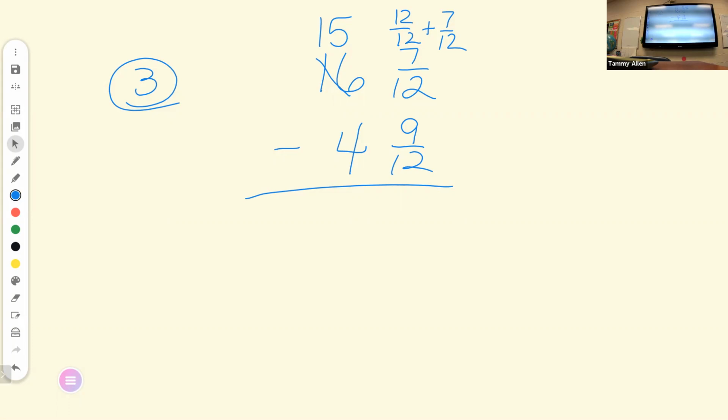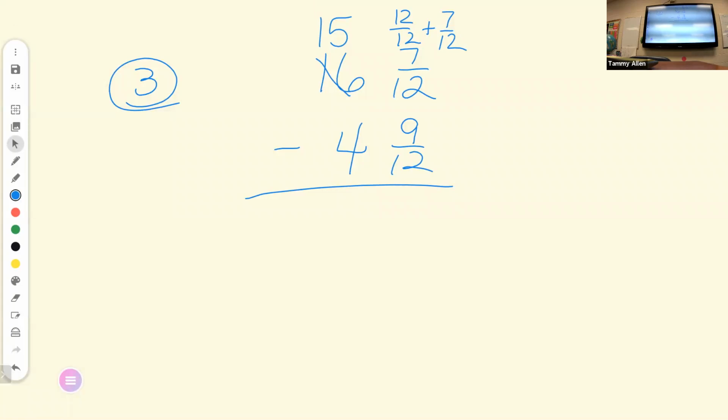It came from the one whole that was from the 16. Yes, it took it from 16 to make 12/12 plus the 7/12. Yes, that one whole amount became 12/12. Why didn't I make it fourths? I like fourths better.